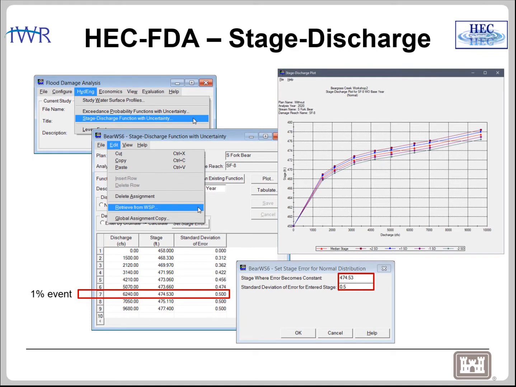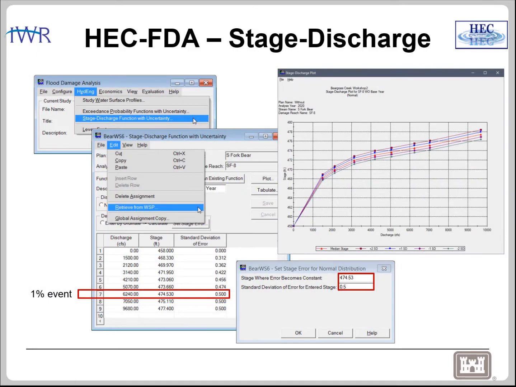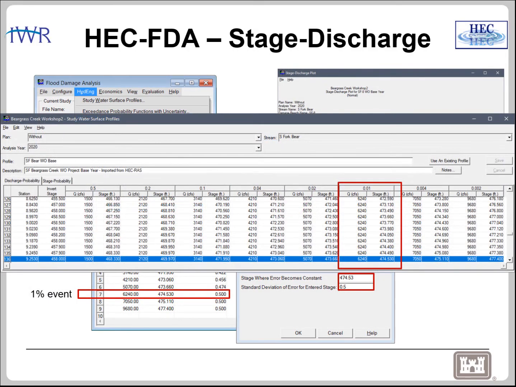The error distribution type is determined by the H and H person. For example, in SF8, we're looking for the index location of SF8. And if you recall from the previous workshop, that is 9.253. So we go to the water surface profiles and find the correct reach index point.